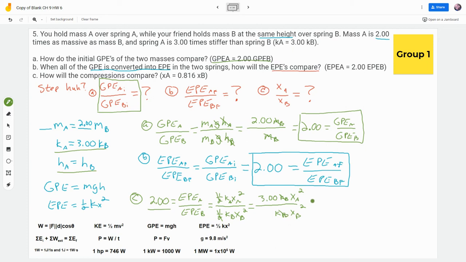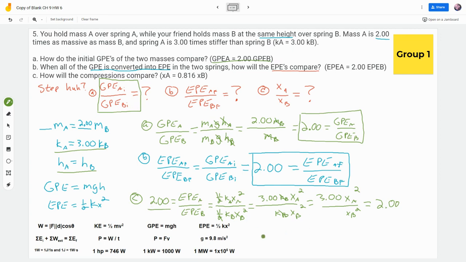And what is this equal to? All right, I'm writing more than I need to, but let me make it clear because something maybe a little bit tricky is going to happen here. 3 times X sub A squared over X sub B squared. And what is this equal to? This is equal to 2.00, this thing from the beginning.